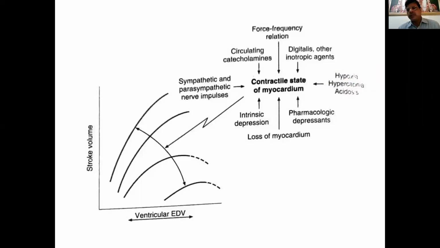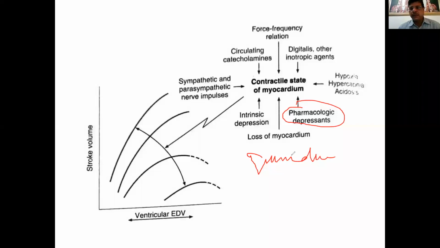All this will cause inhibition of the myocardium and decrease its contractility, and that is force of contraction. Pharmacological depressants, many are there. Many drugs can cause an inhibition of myocardial contractility. So I'll just tell you a few. One drug is quinidine.